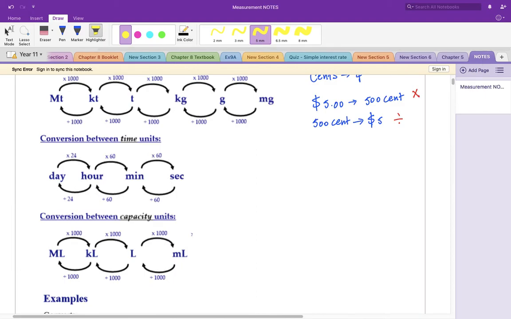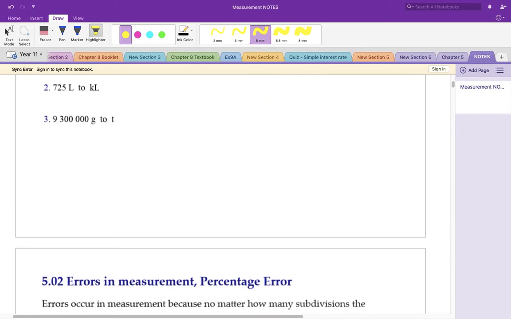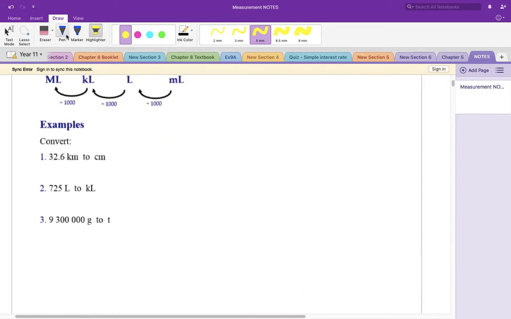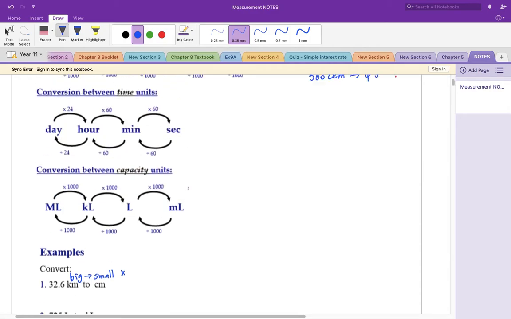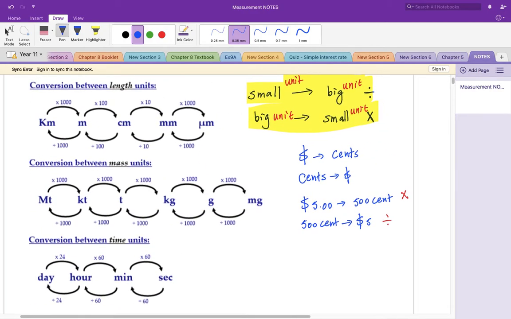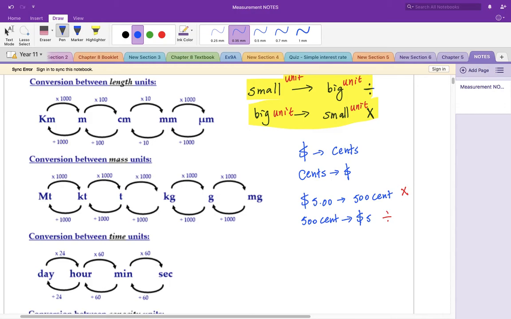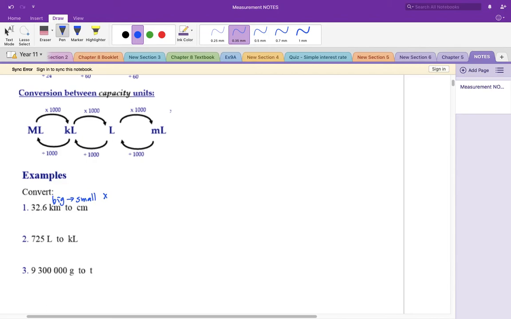Okay, so let's just have a look at the examples. There's not much to it. So converting kilometers to centimeters. So that's from big to small. That's when you multiply, right? But what do I multiply it with? From kilometers to centimeters, you can see that I actually jumped a meter unit already. So you can actually change kilometers into meters first.